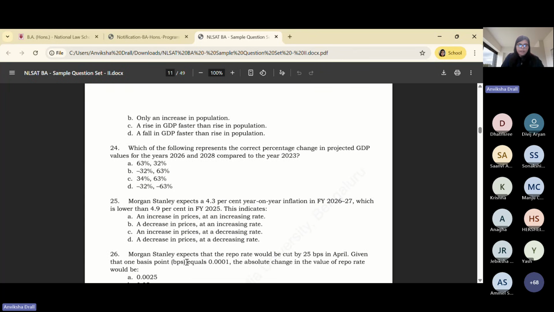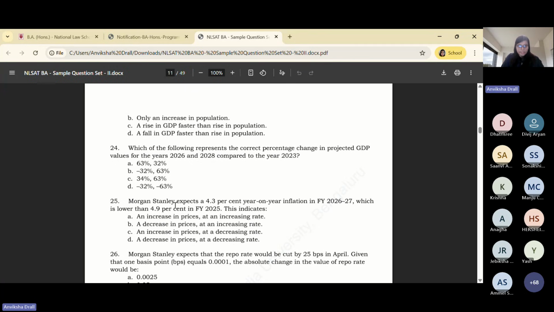Yeah, question 25. Morgan Stanley expects a 4.3% year-on-year inflation in financial year 2026 to 27, which is lower than 4.9% in financial year 2025.